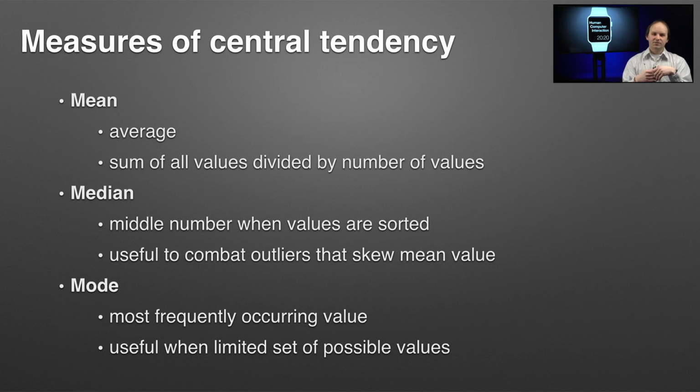And if you were to take an average, that may skew the overall average to not really be representative of what most people are experiencing in terms of income. So the median can be useful when you've got those outliers on either side of a distribution. It can help fight that skew.